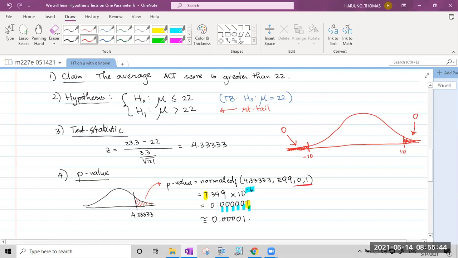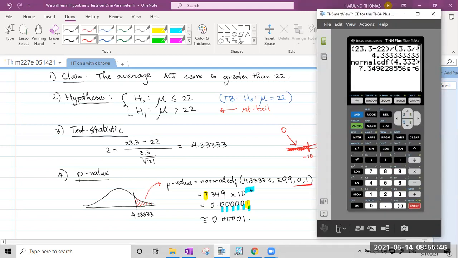Now, what I meant is this. Suppose I compute this normal CDF again with lower bound 4.3333 and the upper bound, instead of infinity, 10 to the 99, I use just upper bound 10. You will see that the result is exactly the same. You see that?